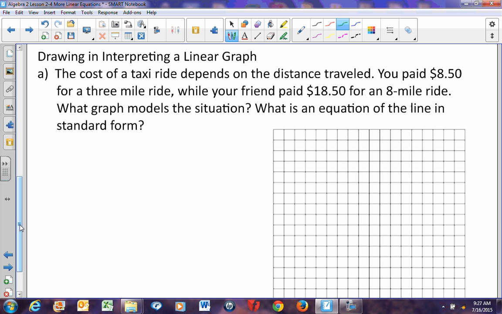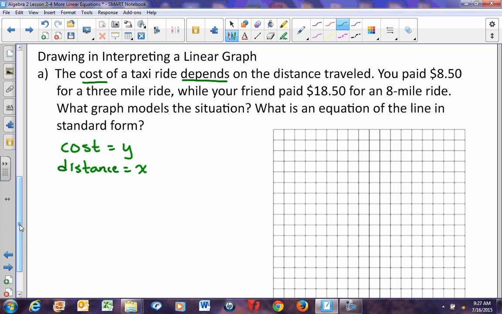So it says the cost of a ride depends upon the distance. So the cost is dependent, so the cost is the y. Cost is my y, which means distance is my x. Knowing this, I can now put these in coordinate points.